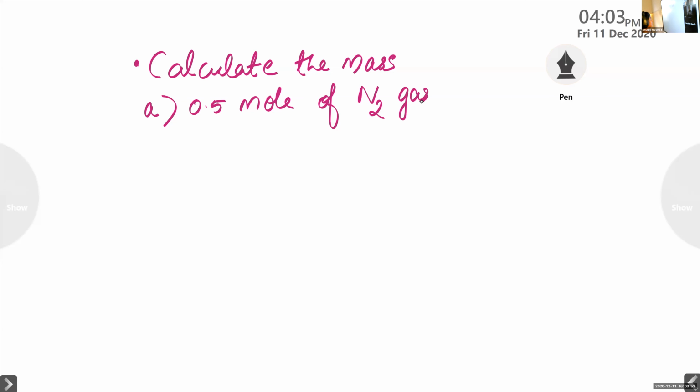So Elsa, tell me what is given in the question. 0.5 mole of N2 gas. What is that 0.5 mole?